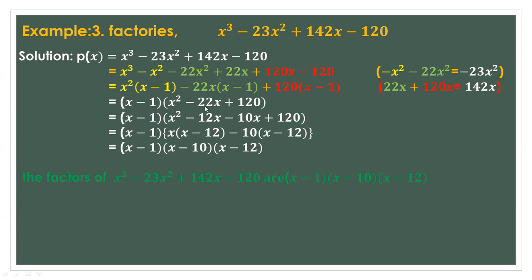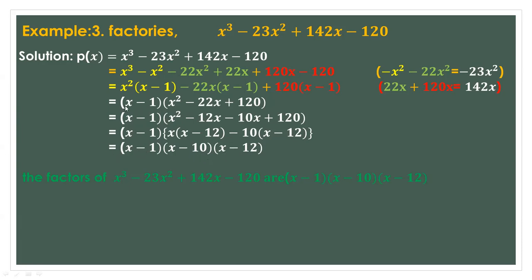Then you can split here, it is a quadratic equation. Again we have to split the middle term, that is 22x, we can split it into minus 12x minus 10x. Then in the next step we can make groups and take common factors. X minus 1 you can keep as it is, and here x is a common factor, x minus 12 is left, minus 10 is a common factor, x minus 12 is left. Next again take x minus 10 as a common factor, and only x minus 12 is left.